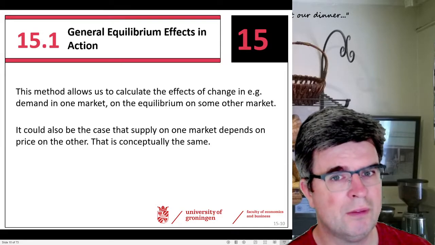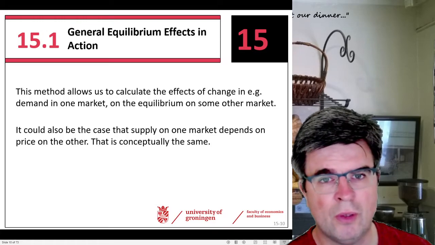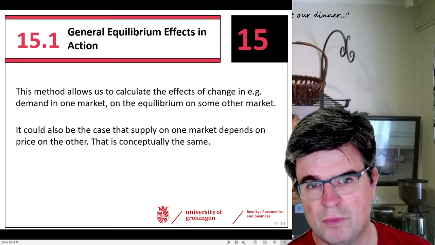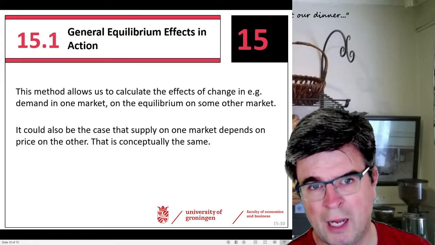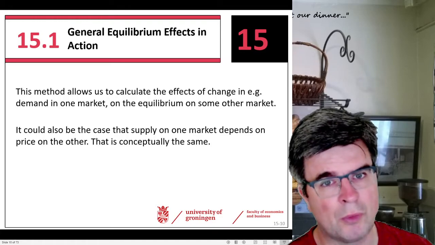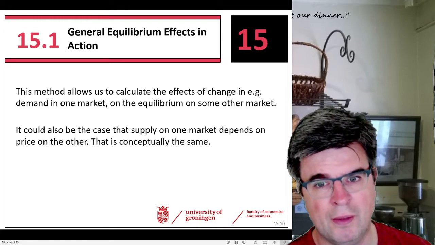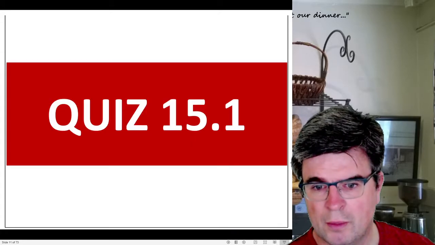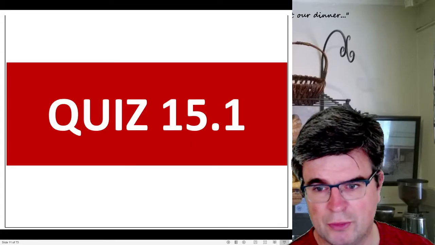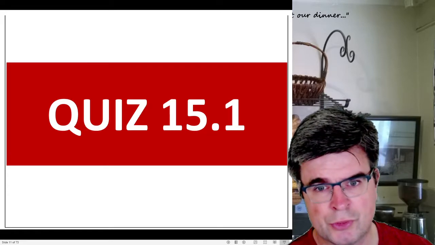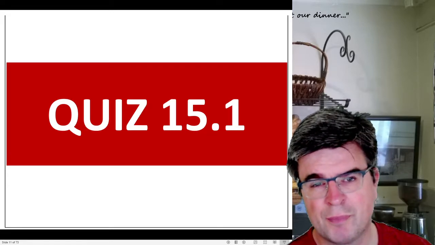How you model it in practice should depend on the real life phenomenon that you have in mind. So does it make sense that supply is interconnected, or does it make more sense to model demand as being dependent on each other? But in solving, it doesn't make a difference. It's conceptually the same. And this already brings us to the first quiz of this lecture.